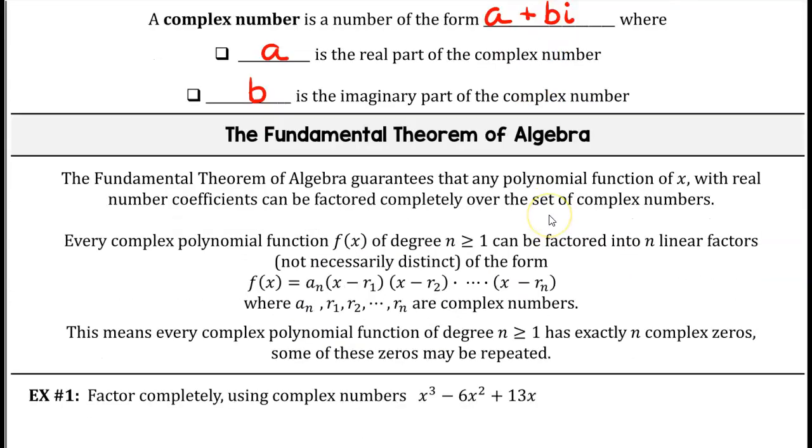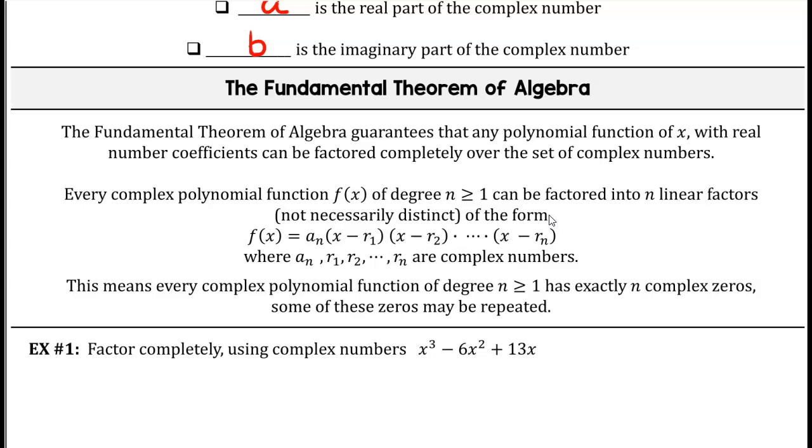One of the biggest theorems in algebra is called the fundamental theorem of algebra. The basic idea is that if you have a polynomial, let's say x squared, you have this many roots no matter what.